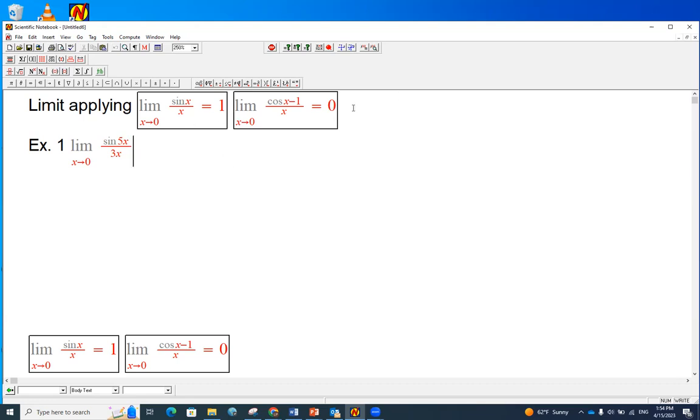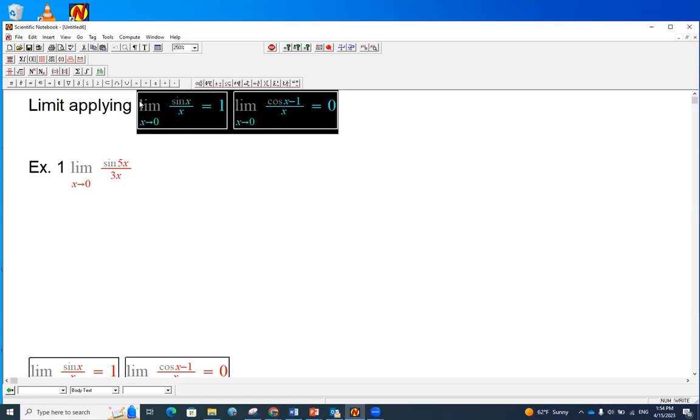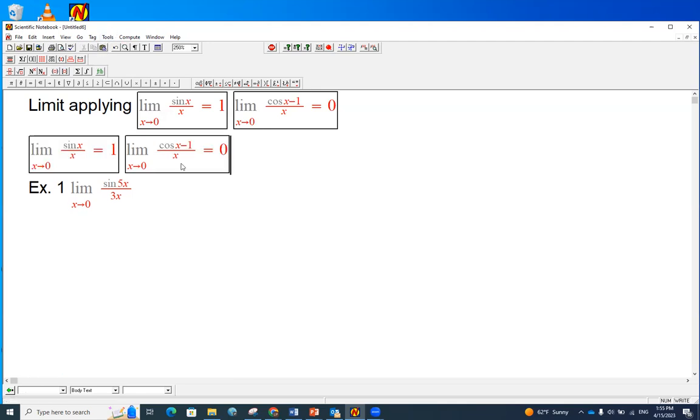First of all, these three x's must be consistent. This x and that x must be consistent. For example, if I change this to be omega, then all of these need to be omega. They must be consistent. And what does that mean?